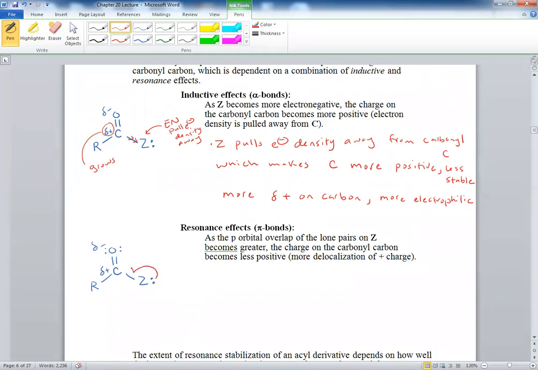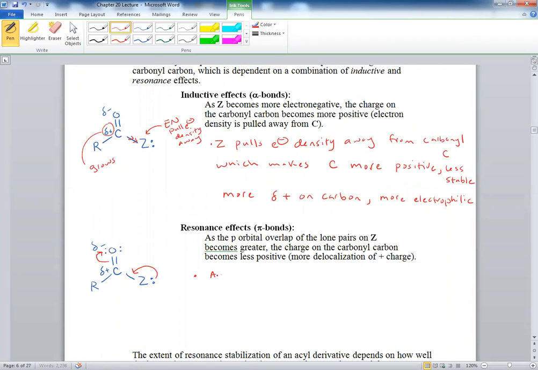Moving this lone pair. So let's see what happens here. Where do you see the electrons going? You see the electrons going toward the carbon. So in this case, the carbon becomes less positive because of more delocalization of positive charge.